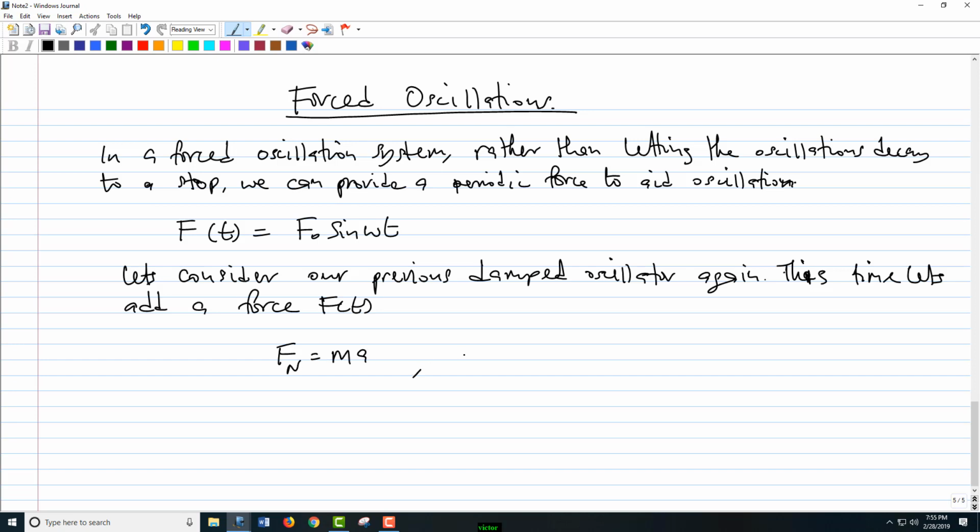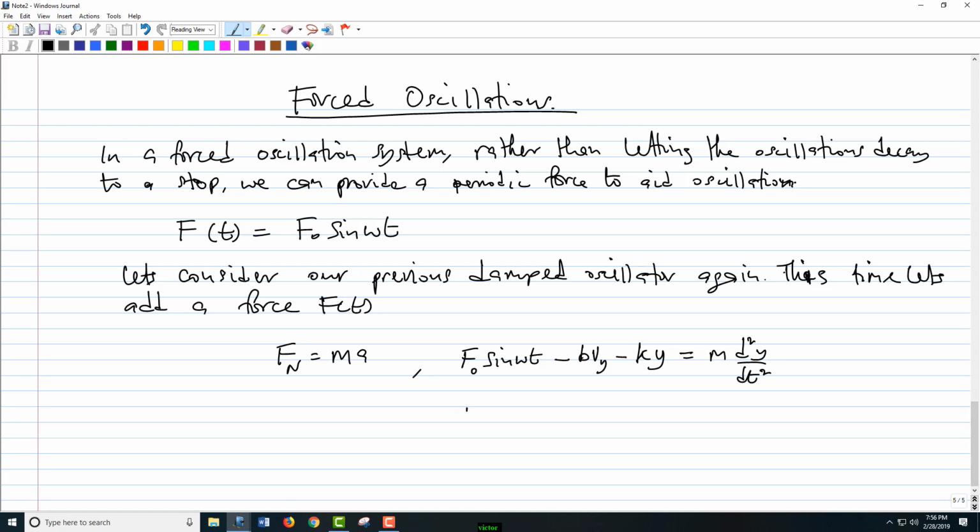And so if we add a force F of t, then F of t is F naught sine omega t, and we shall now combine it with the retarding force B times V. Remember that we're working along the vertical axis, so we say V in the y direction minus the restoring force K in the y direction, and that should be equal to m d squared y dt squared.